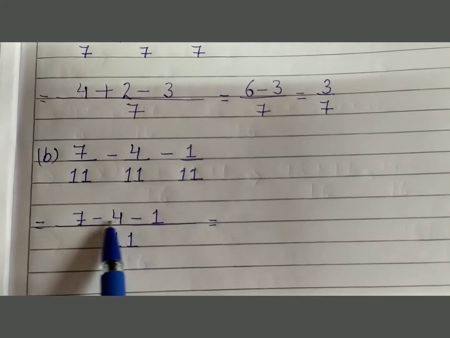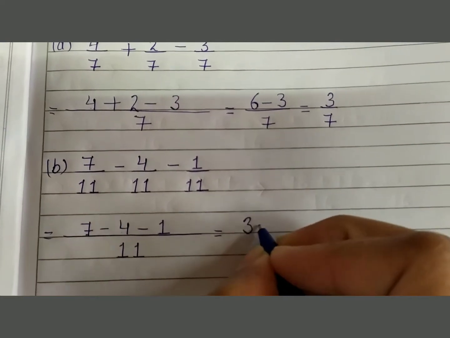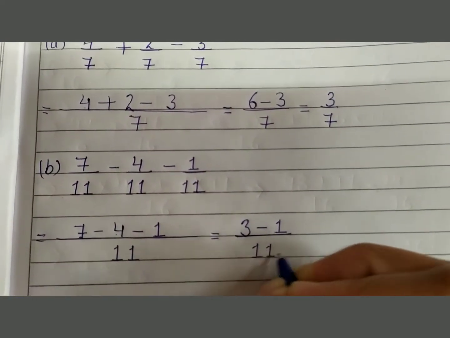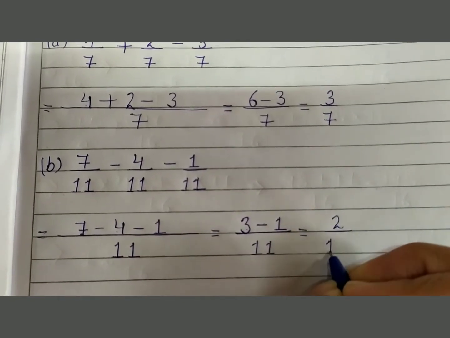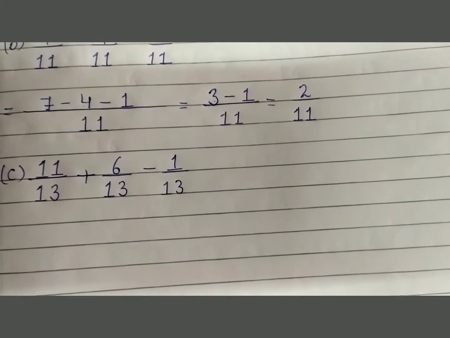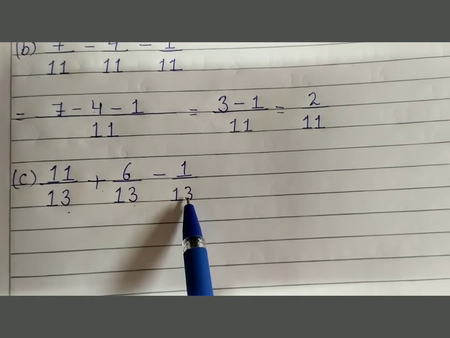Firstly solve these two numbers. 7 minus 4 equals 3, minus 1 as it is, upon 11. 3 minus 1 is 2 upon 11. This is the answer.